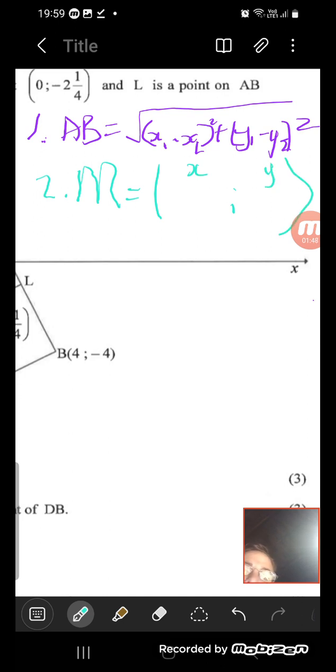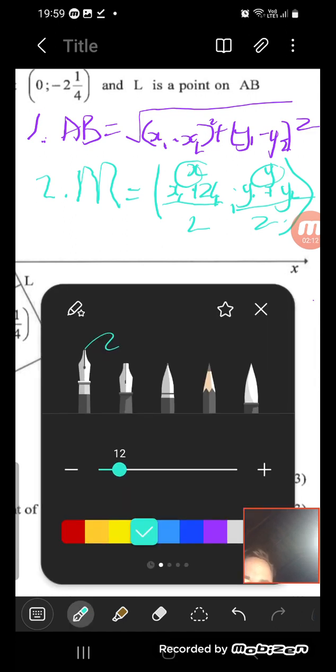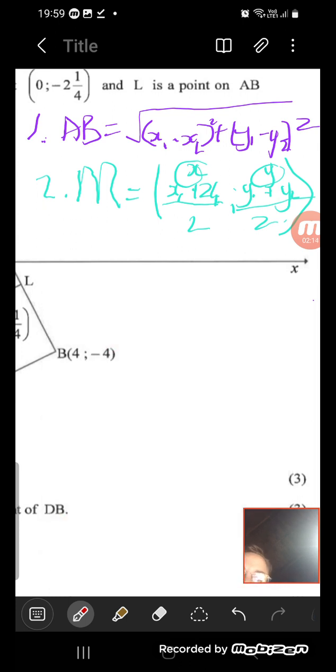But I'm going to say that x1 plus x2, I can write, I promise, divided by 2, y1 plus y2 divided by 2, it's the average. And that's your point for x and that's your point for y. So midpoint. Okay.